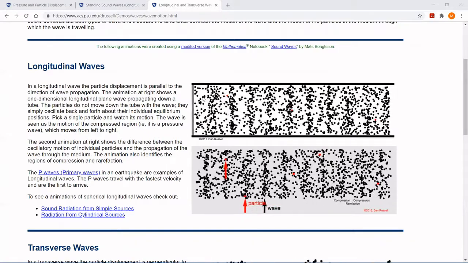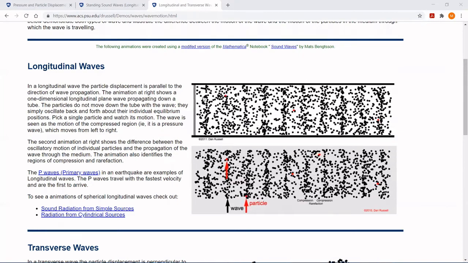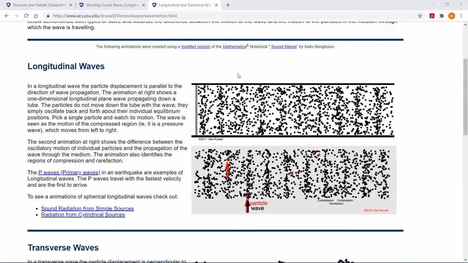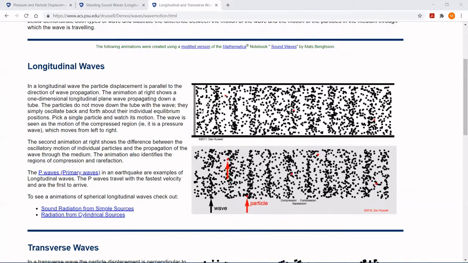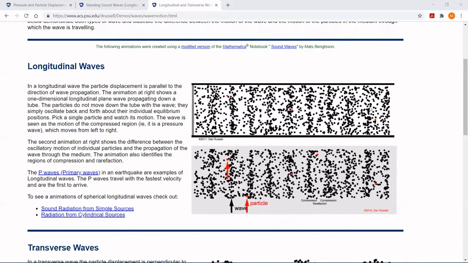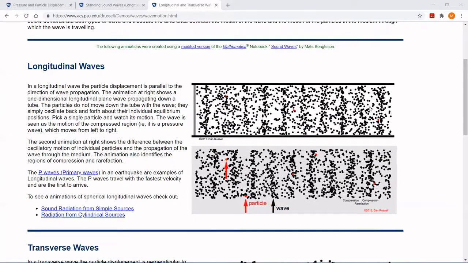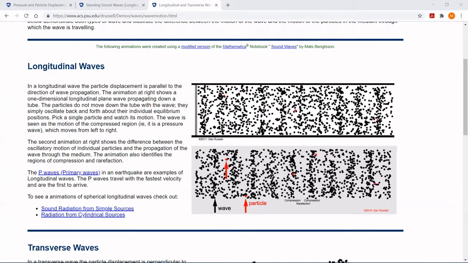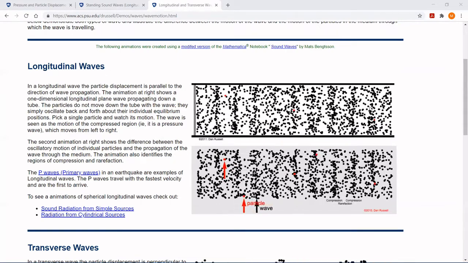Here's a reminder of what progressive, also known as traveling, longitudinal waves look like. We say traveling because the wave fronts themselves really do travel from one end of the tube to the other. That's not to say that the particles themselves are moving from one end of the tube to the other. So when we say traveling, we don't mean the particles are traveling, it's the energy that's traveling from one end to the other.